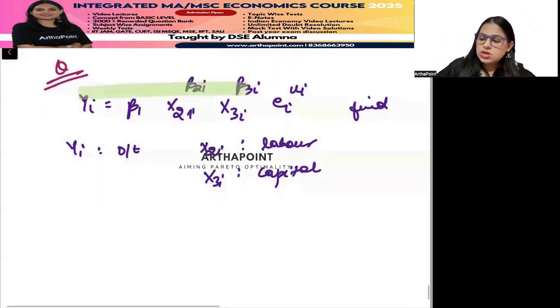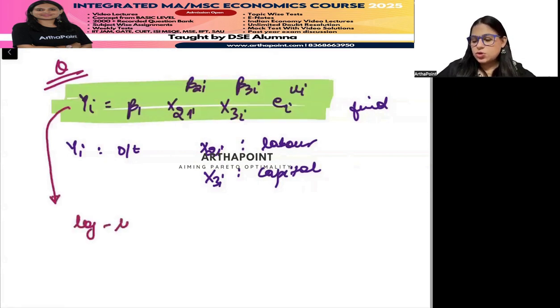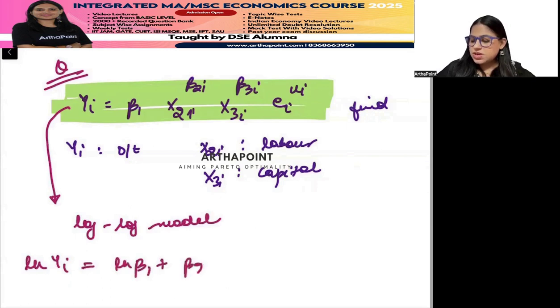So this is a Cobb-Douglas model. We have already done in econometrics that this Cobb-Douglas model can be converted to a log-log model. If I take log on both sides, I will get ln y is equal to ln beta 1 plus beta 2 ln x2i plus beta 3 ln x3i plus ui.